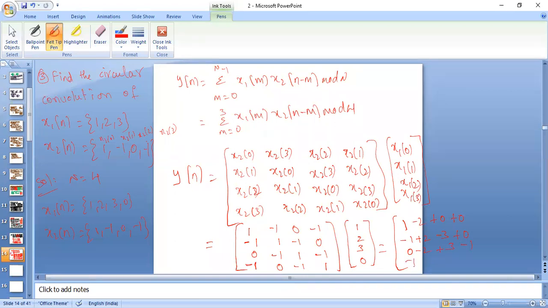Next minus 1 plus 0 minus 3 plus 0, which can be written as minus 1, minus 4 plus 2 is equal to minus 2, minus 4 plus 3 is equal to 1 and minus 4. Very good, Kavya. Correct answer.